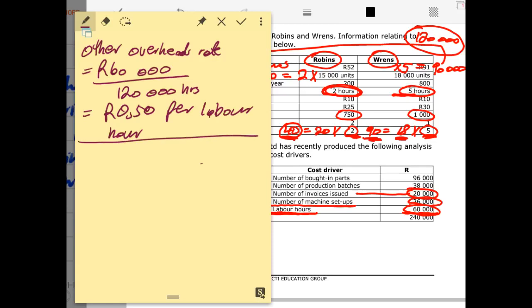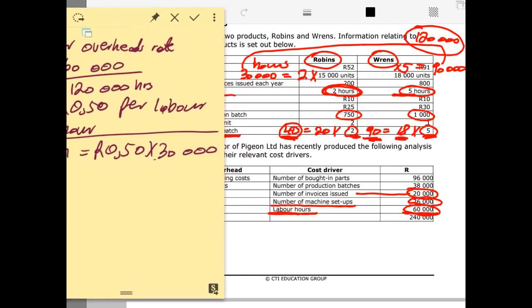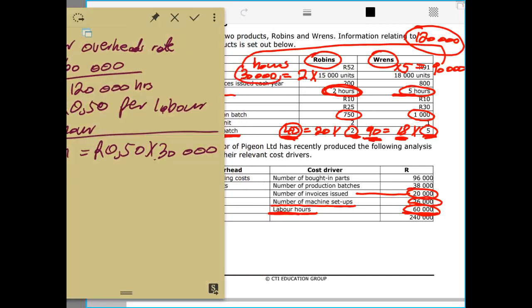Then now we allocate to product Robin. When we allocate, we say 50 cents times by 30,000 hours. Remember, the 30,000 hours is where we said 15,000 units times by the number of hours it takes to complete 1 unit.